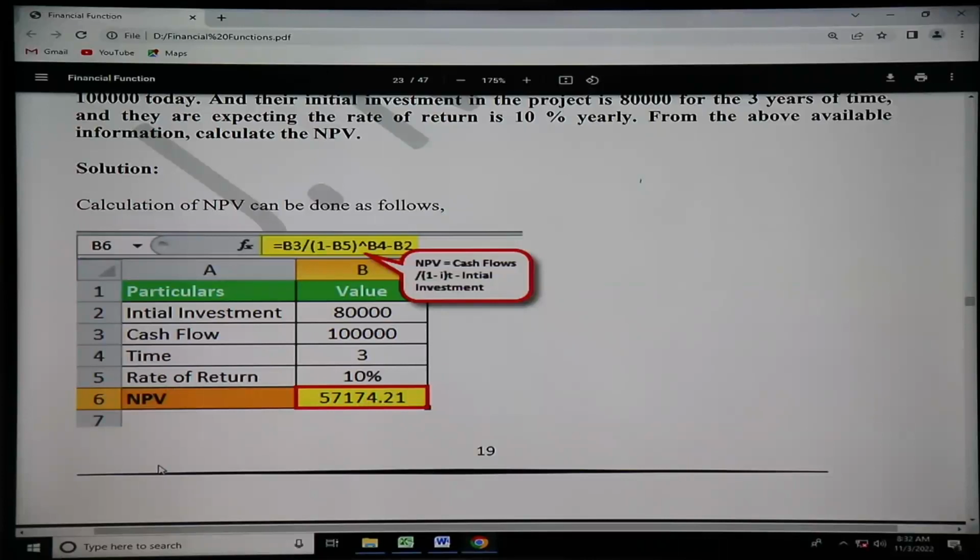So just 5 minutes. Once you finish, you can say done. Just type the data, then once you are through, just type there done, so that you know whether you are finished or not.